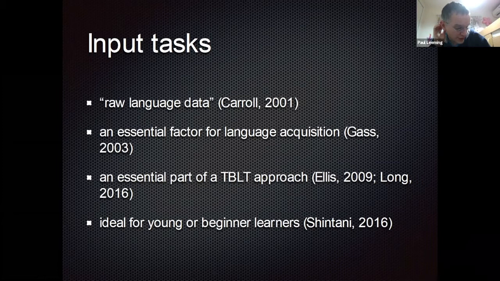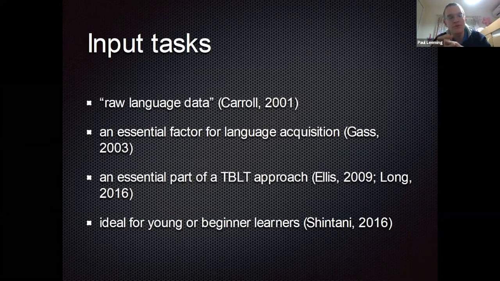A close friend of our SIG is Natsuko Shintani, who is now at Kansai University, who wrote a book in 2016, if you're interested in input tasks, a full-length book on it. But basically, the idea is that if students don't have any language to produce and they're not in an ESL context, these input tasks require the students just to maybe move a piece of paper to respond to the input, but they're giving them language.